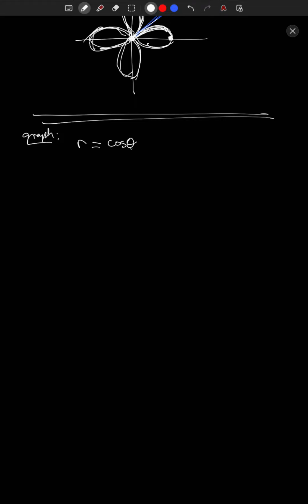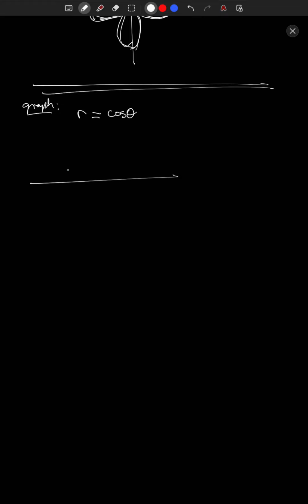This one is just r equals cos theta, so it's a little more simple, but I wanted to do the other one first because our first example, r equals cosine 2 theta, was more straightforward. This one has an interesting feature. So let's take a look at this.